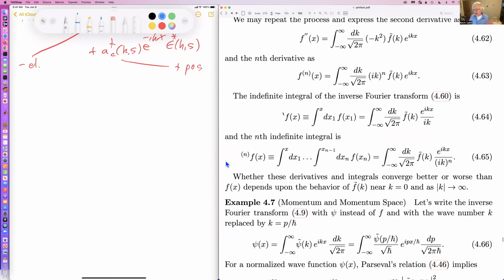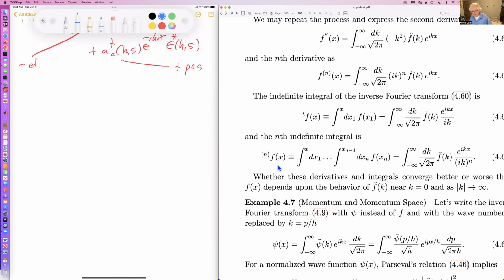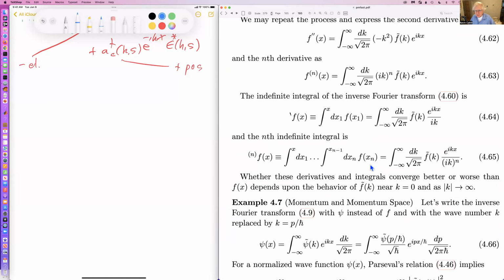And you can even integrate. If you integrate the function, it means you are taking the indefinite integral, and we're not counting surface terms.